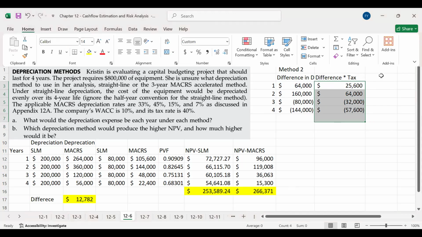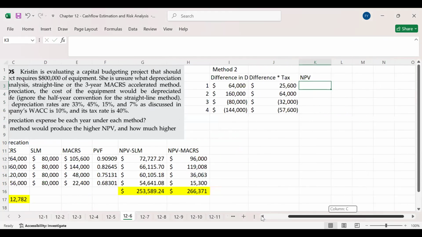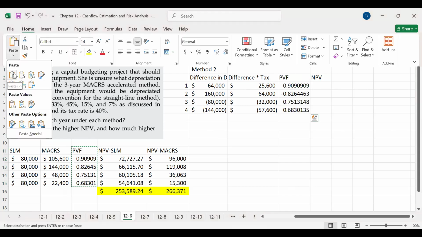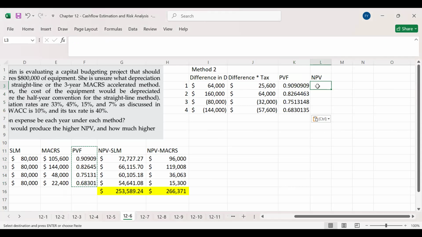now the next step we are going to take is the net present value of the differences. So here the present value factors are the same. So in the next step, we are going to copy the present value factor here, and we multiply the difference multiplied by tax with the present value factors.